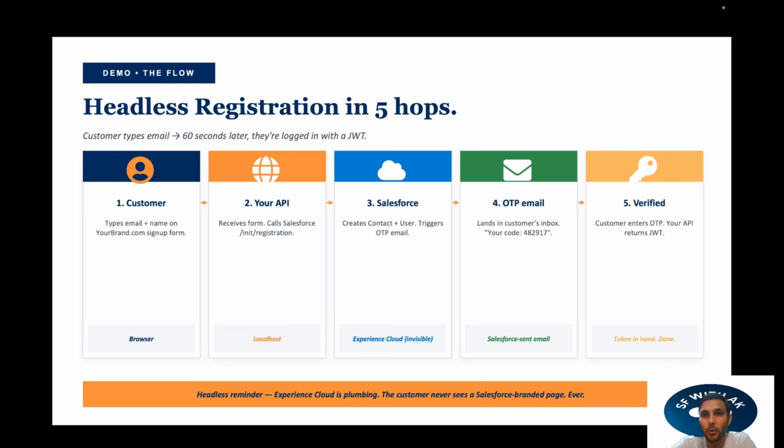Salesforce creates a contact and a user record. And once the creation is successful, it will send an OTP on email. It can be SMS as well, but for our demo, we will use email. 4. The code lands in the customer's inbox. 5. They type it back. Your API verifies it with Salesforce, and Salesforce hands back a token.